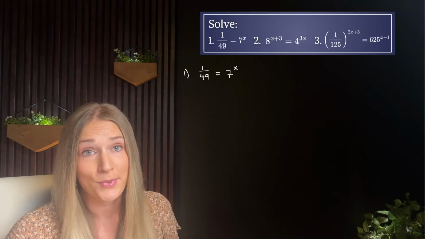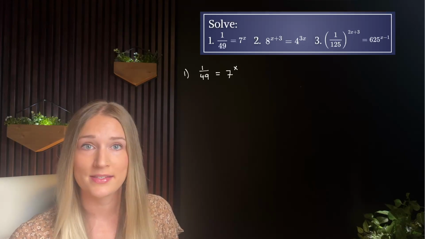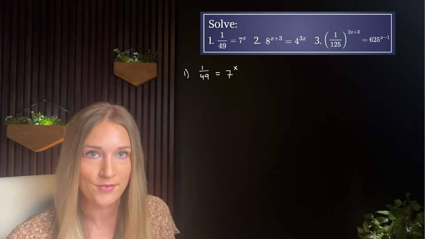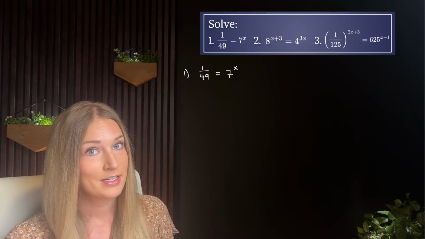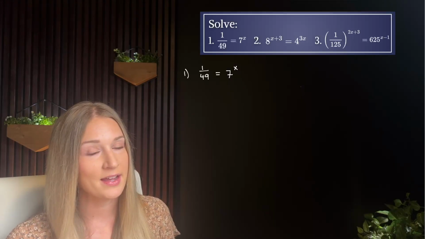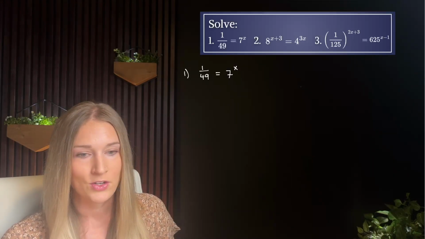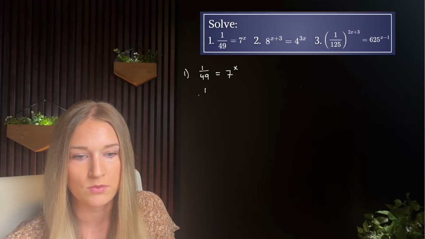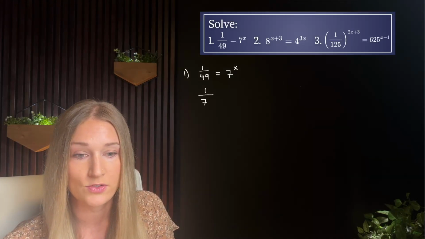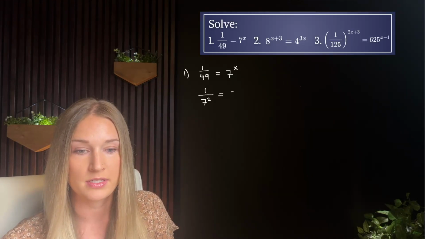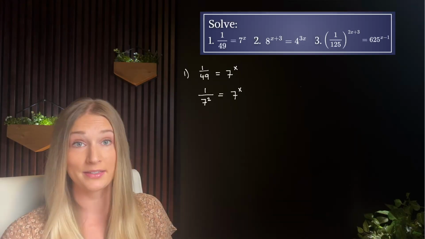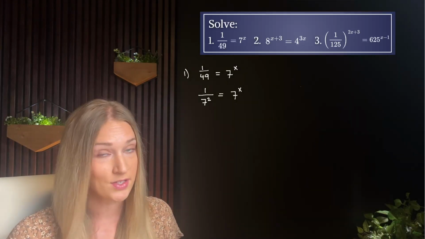It's a prime number. But 49, if I think about the factors of 49, I know there's 7 times 7. So I could write this as 1 over 7 squared is equal to 7 to the power of x. So at least we now have 7s on both sides.